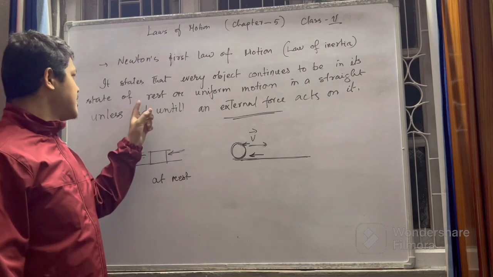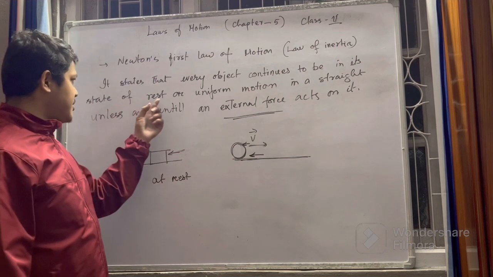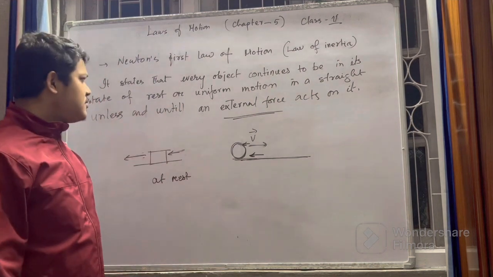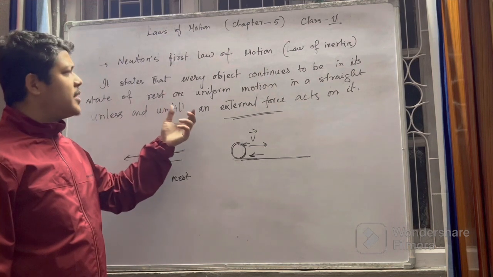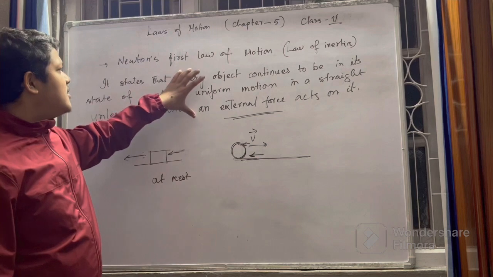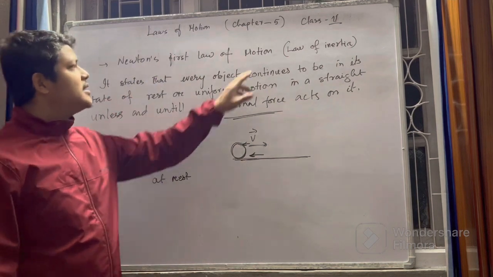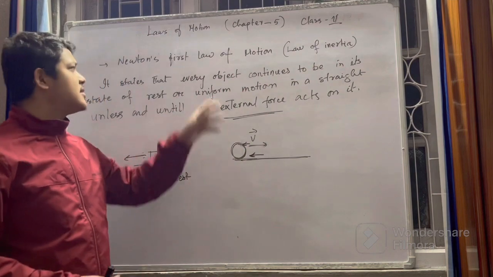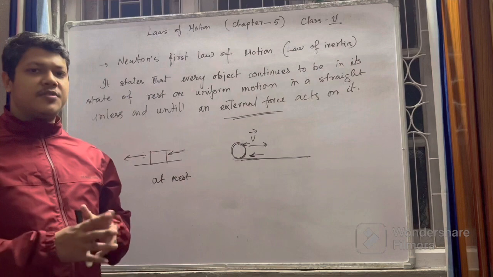Every object has the tendency to continue its state of rest or uniform motion. That is the property of the object called inertia, explained in Newton's first law. That is why Newton's first law of motion is also known as the law of inertia. Hope you have understood this.